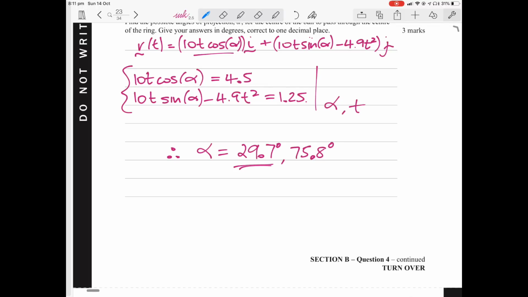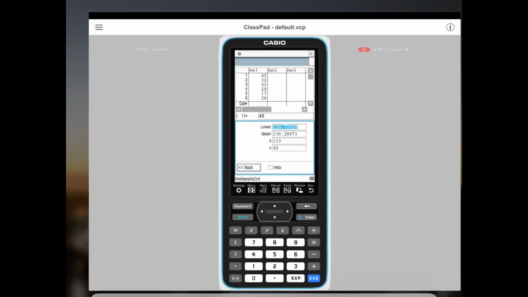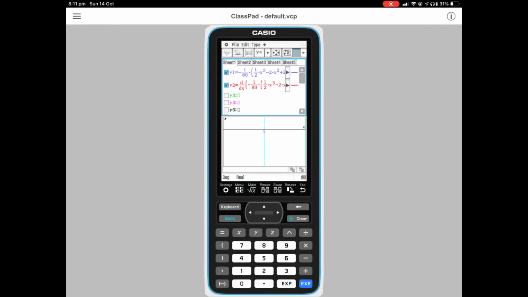Because what would the path be if I had 29.7? So 10t cos 29.7. Clear all. Okay.